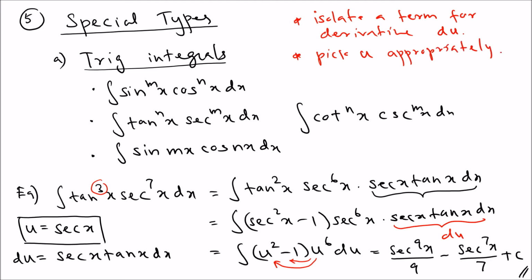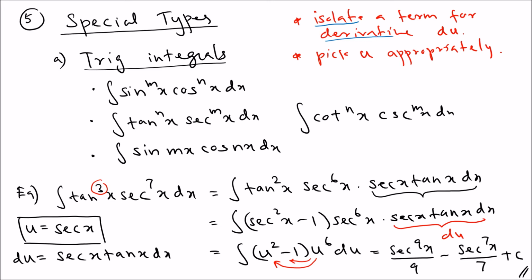That's always going to be like that. You pick a term for the derivative. You isolate a term for the derivative. Always, all the problems go like that. You isolate the term for the derivative, and then pick u appropriately. We discussed this in detail in the trigonometric integrals, so you can look at that for more details.